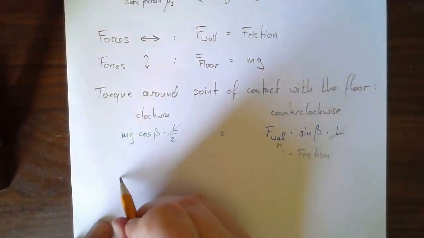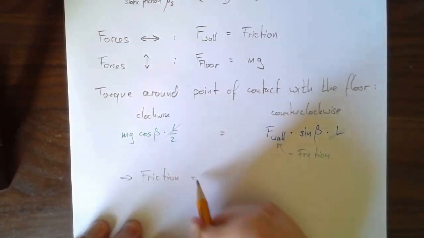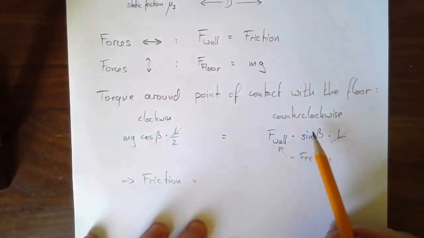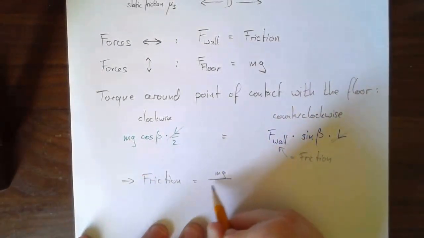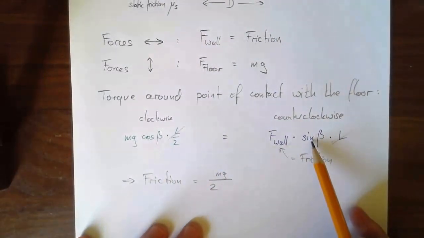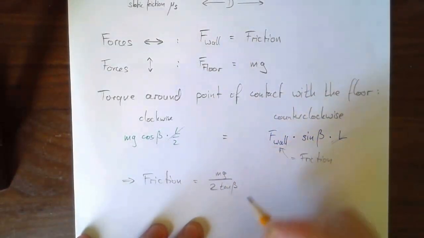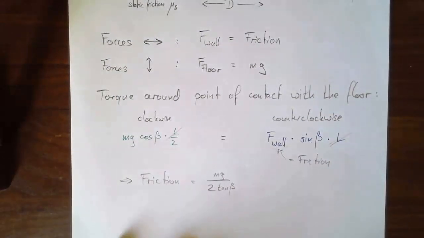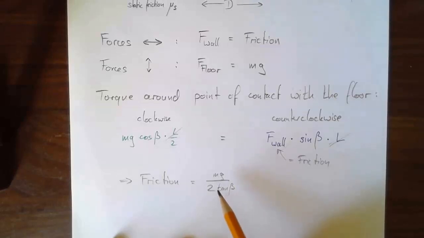Now I can rearrange this, and I'm going to get that the friction is equal to mg over 2. And then I've got cosine over sine, but sine over cosine is tan. So this is divided by tan beta. And so the force of friction is going to be equal to this. If the ladder is not falling, the force of friction is equal to this.